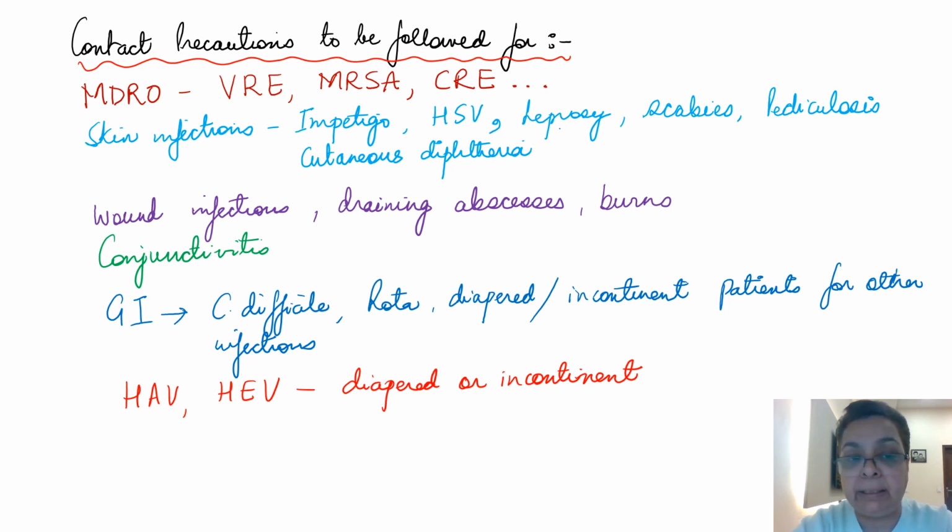So all these multi-drug resistant organisms. Next is skin infections like impetigo, herpes simplex, leprosy, scabies, cutaneous diphtheria, pediculosis. So skin infections, obviously we're going to take contact precautions for them. Then wound infections, draining abscesses, the patient has burns.